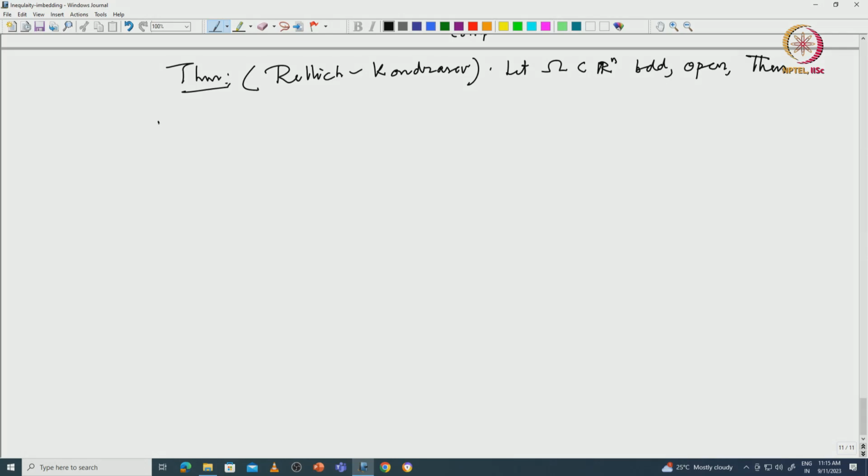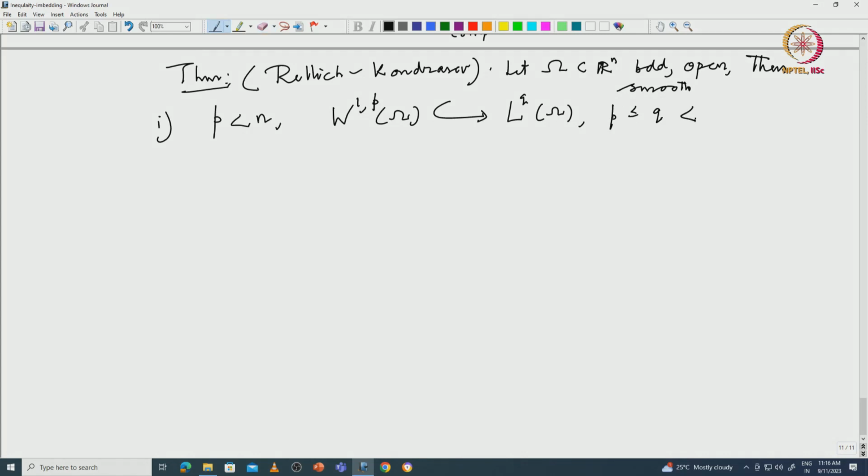Then, 1: for p less than n, we already made this comment, W1p of omega, of course we also assume smooth, is compactly contained in Lq of omega for all 1 less than or equal to q, p less than or equal to q less than p star.